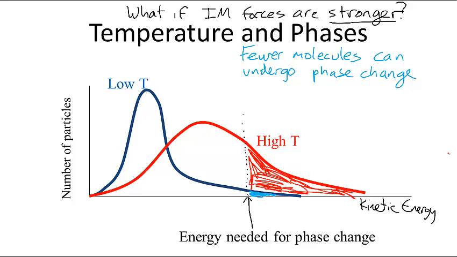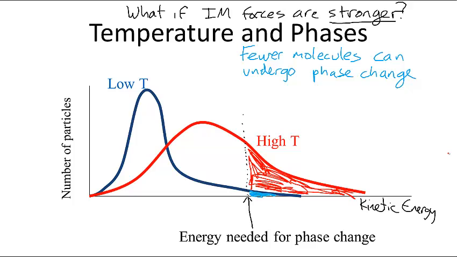What this graph is showing is everything, let's say at the high temperature, everything in this red region, all those molecules have enough energy to break away from the surface. And so those will be molecules that, if they reach the surface, will break away and become vapor.